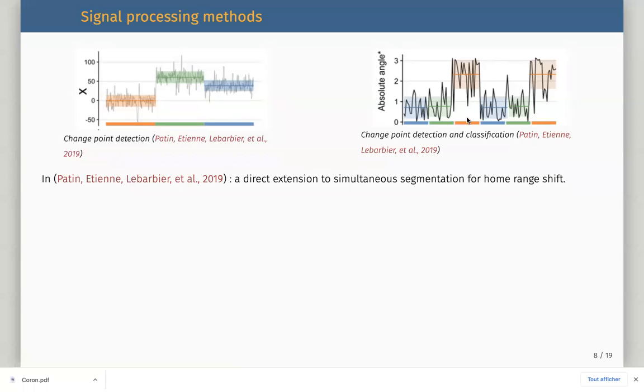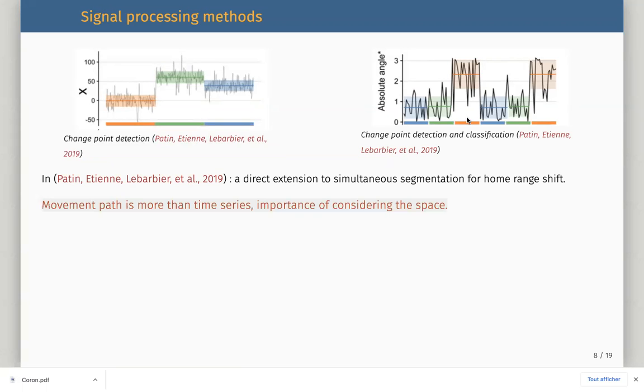But maybe the drawback of this approach is that they don't propose very satisfying movement models, because basically what they are assuming is that we are interested in a change in the mean here, and so you have some simple assumptions, like Gaussian observations that are independent, or this kind of stuff.